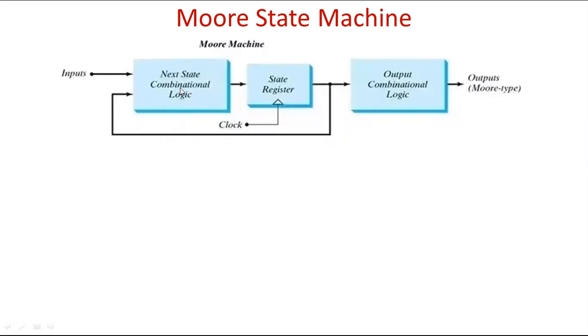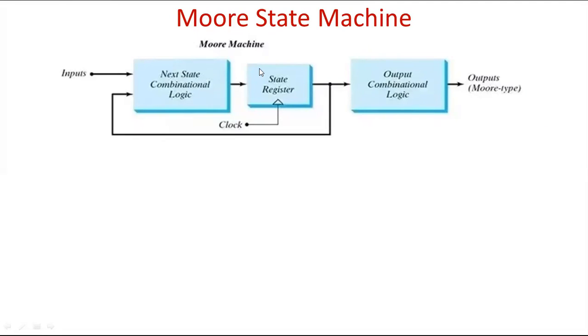Sometimes we also call it a next state decoder. The next state of the sequential circuit depends on the logic given here, and whatever the next state is, it is stored in this memory.